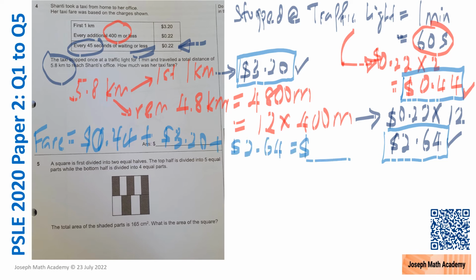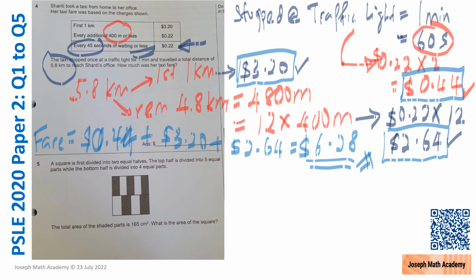If you add these three amounts, 44 cents plus $3.20 plus $2.64, you should get $6.28. All this can be done using a calculator. So number 4 is done.